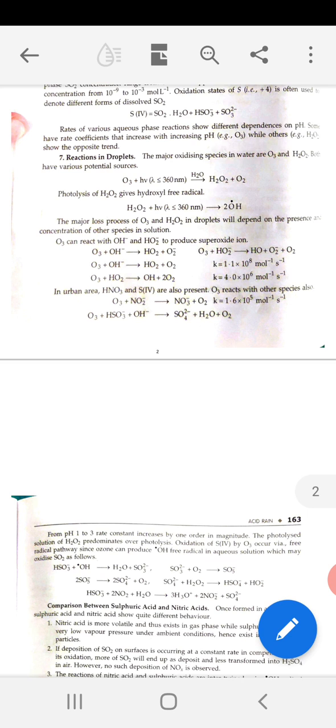In urban areas, nitric acid and sulfur(IV) are also present. Ozone reacts with other species also. Ozone reacts with HSO3⁻ plus OH⁻ ions to form sulfate, water, and oxygen.